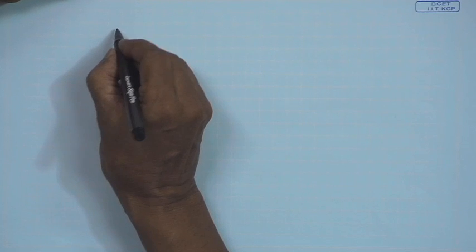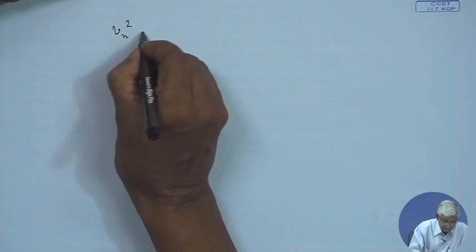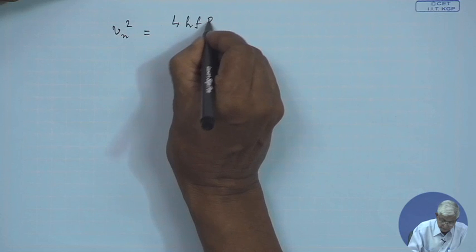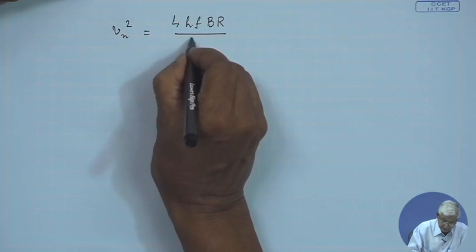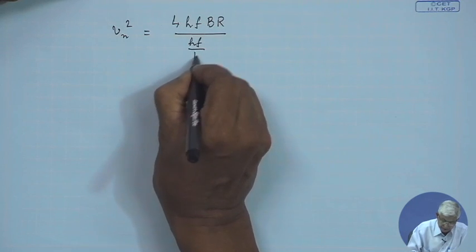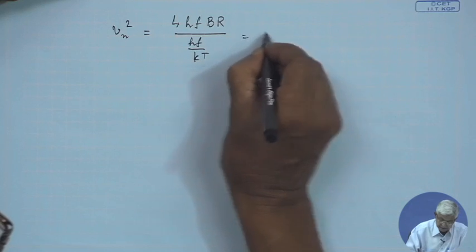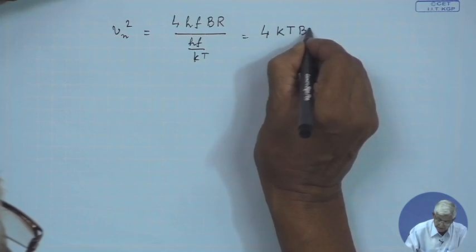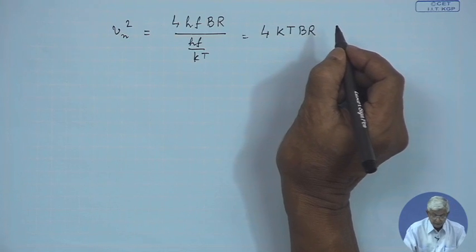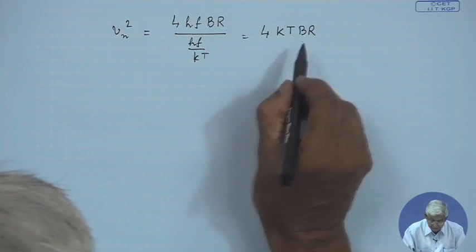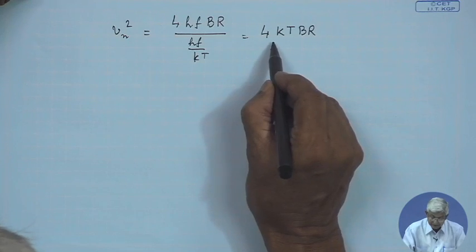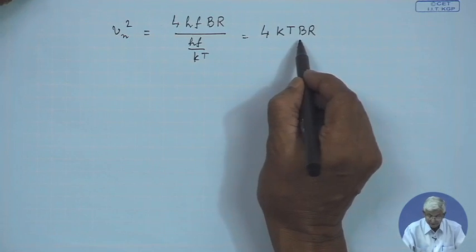So, Vn square now stands as 4 h f B R by h f by k T, that is 4 k T B R. Now, look at it very carefully: Vn square does not have any term of frequency.